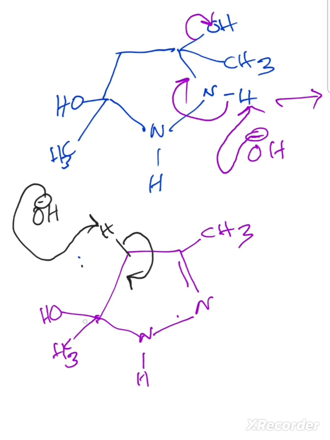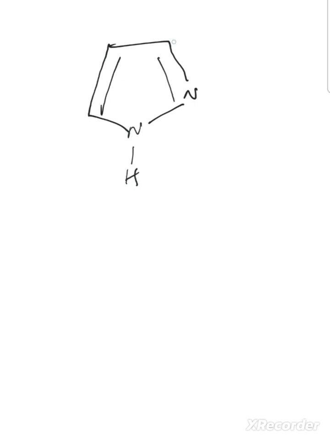When it makes a double bond, this OH will go. So what you are going to have, you're going to remain with this, something like this. Here there is CH3. Even here there is CH3.